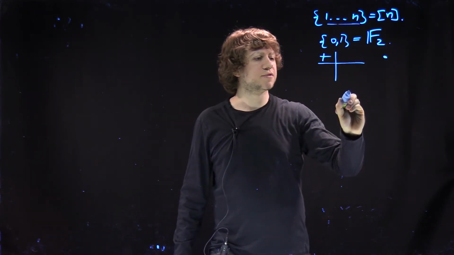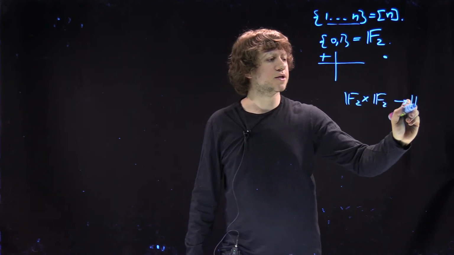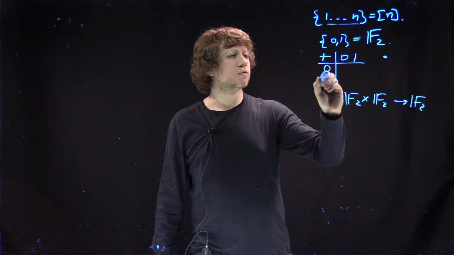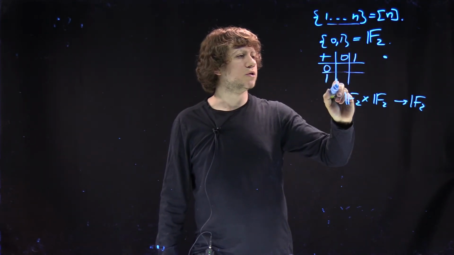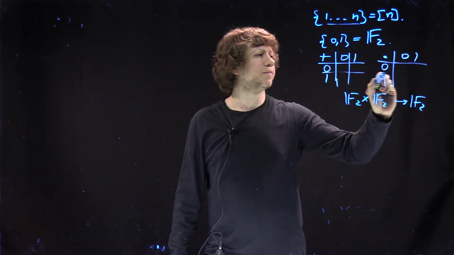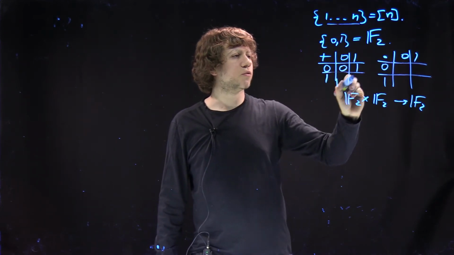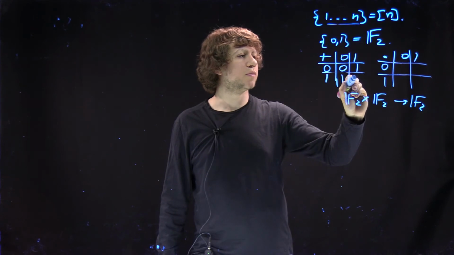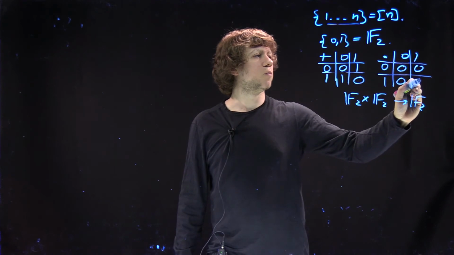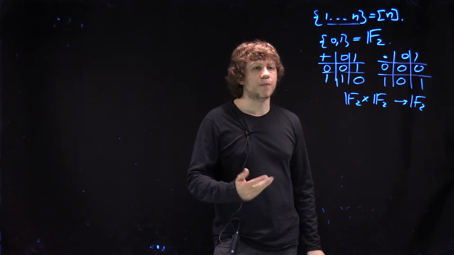Operations are just maps from F2 times F2 to F2. They take 2 elements and do something with them. I just need to say what happens when you add 0, 1 with 0, 1, and when you multiply 0, 1 with 0, 1. So 0 plus 0 is 0, 0 plus 1 is 1, 1 plus 0 is 1, 1 plus 1 is 0. 0 times 0 is 0, 0 times 1 is 0, 1 times 0 is 0, 1 times 1 is 1.